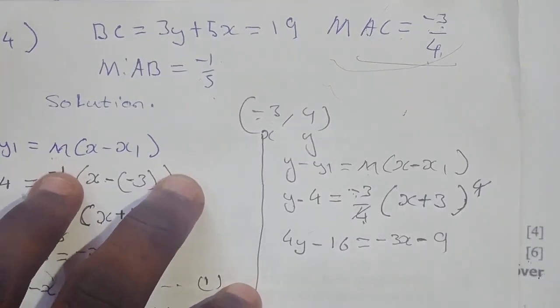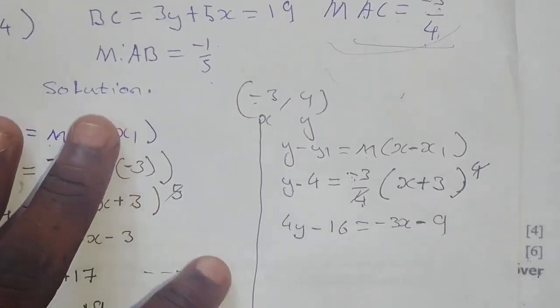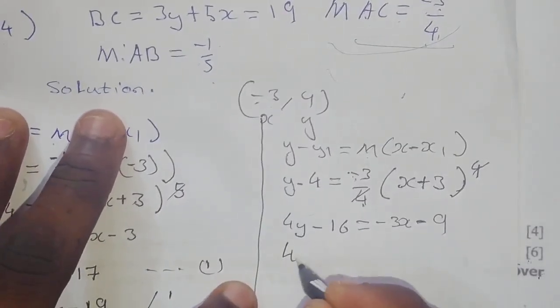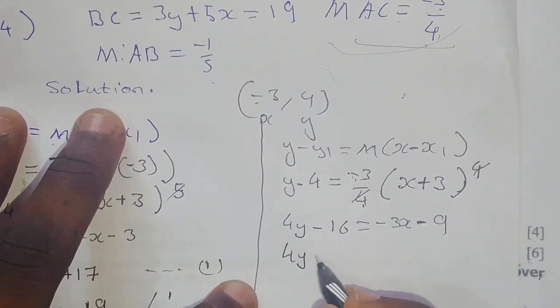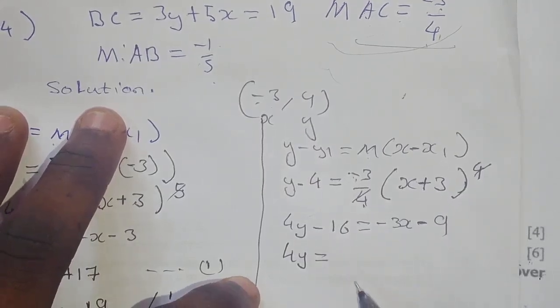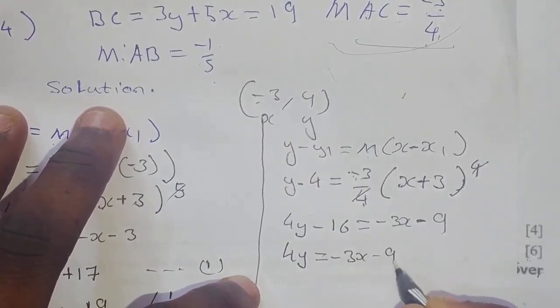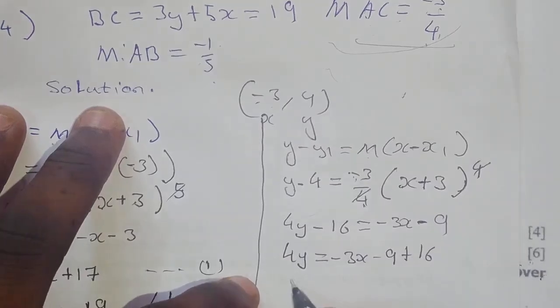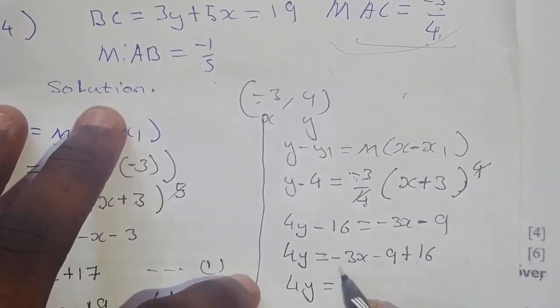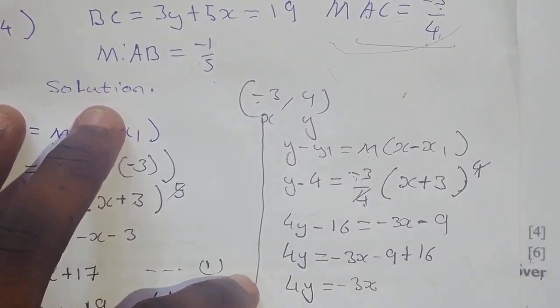Then we collect like terms as usual. So 4y is equals to negative 3x minus 9 plus 16.